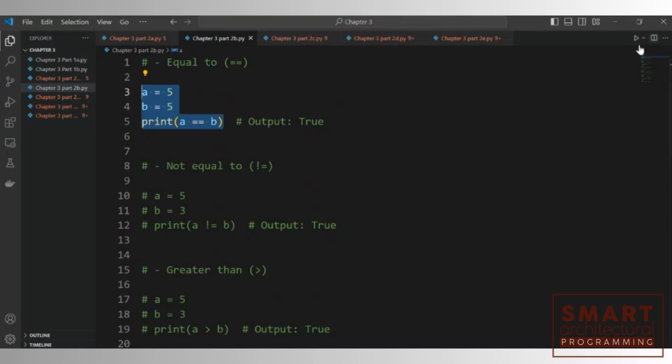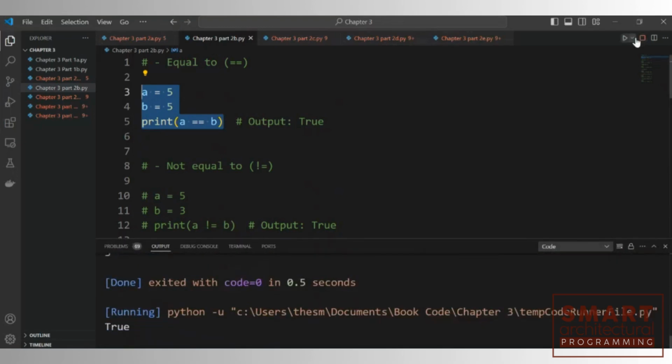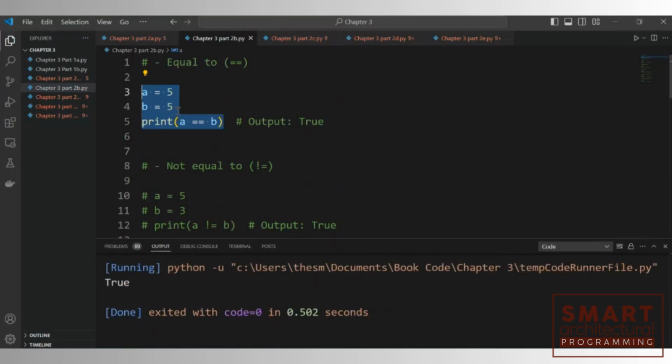So when we run this code right now, this is going to be true because both values are the same. But if we change one value to 4 and run this code again, you'll find the value is false. So that is basically the purpose of equal to operators. And it's very simple to understand.